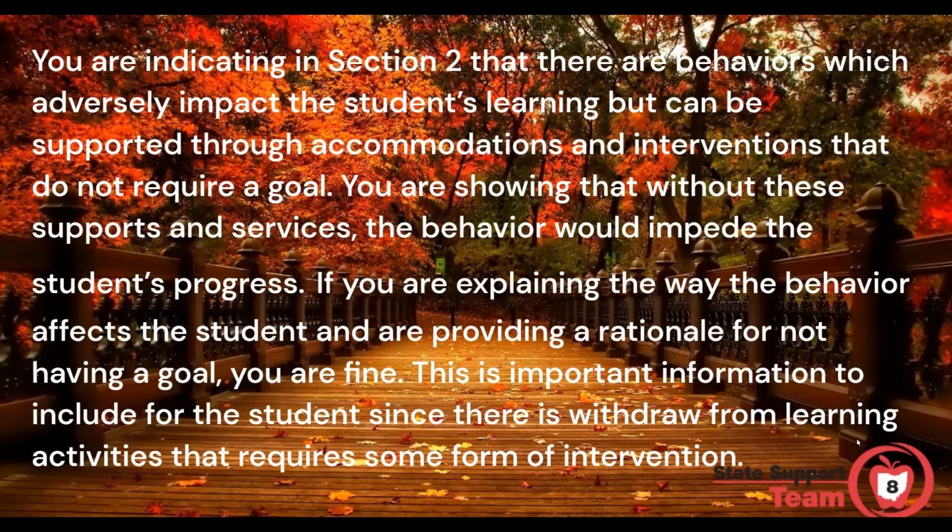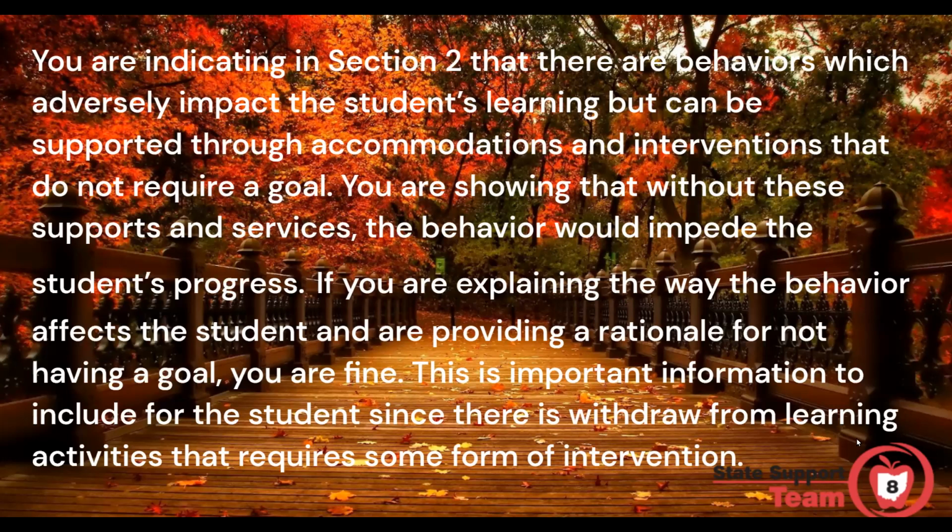Then if you have things in place, as long as you're providing the rationale, make sure you explain it thoroughly in the profile of how you're meeting that behavior need. It does not require a goal, because the student is doing well, they're functioning, there's not a problem, because you've put XYZ in place for them through accommodations or through your specially designed instruction, then you're fine. But Helen's absolutely right.